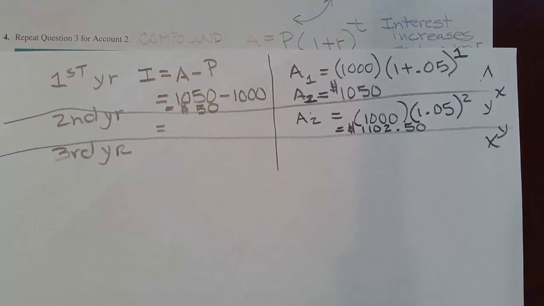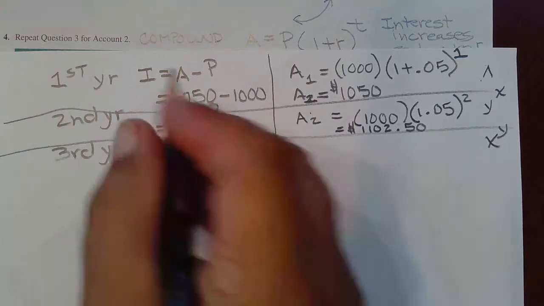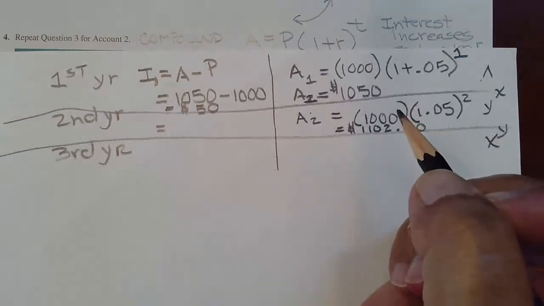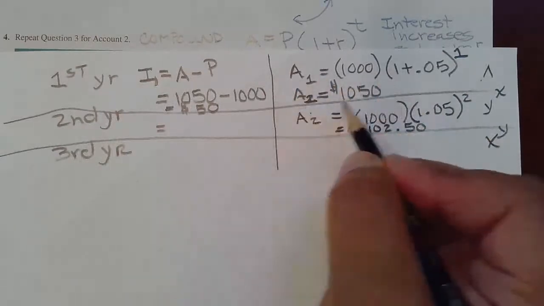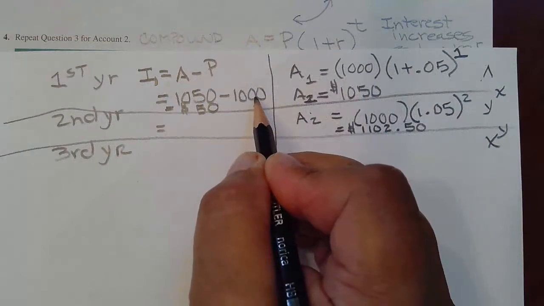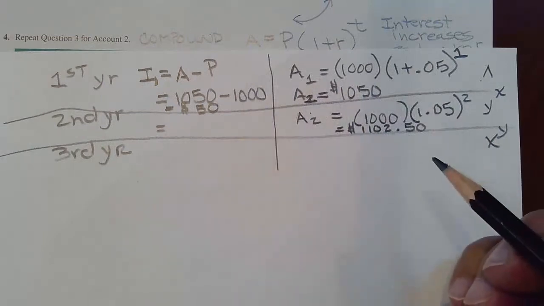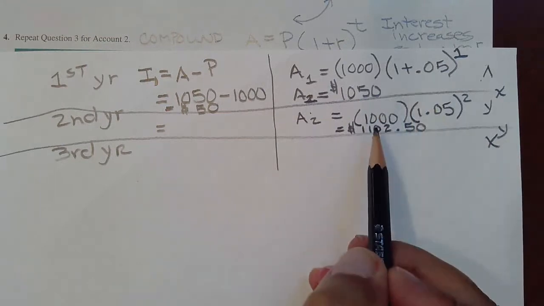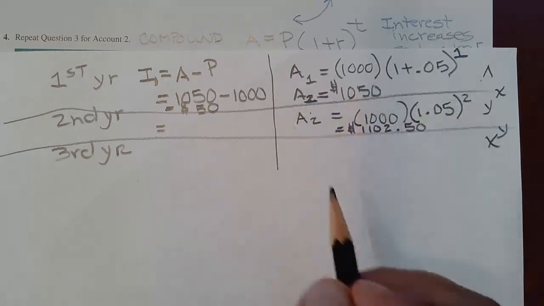When I wanted to figure out the interest for the first year, the only thing I could subtract from the final amount was the amount that I started with. However, now, if you want to know what the difference is in the interest amount, all you have to do is start using this number and the one above it.